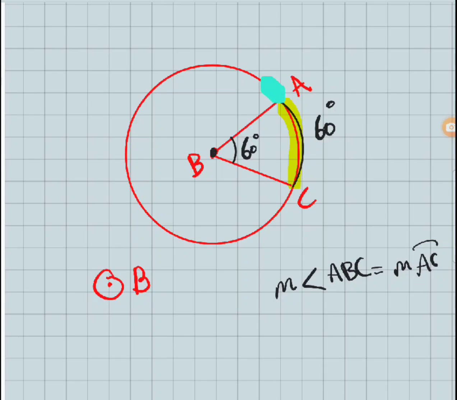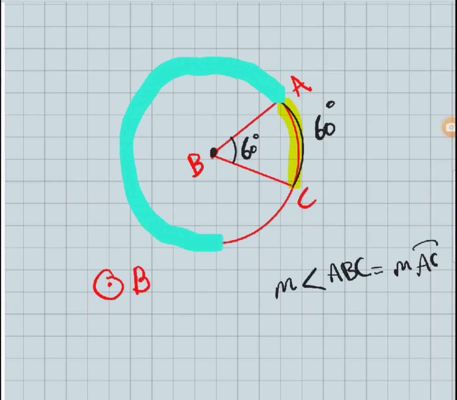A semicircle has an arc that is equal to 180. So let's say if we have some point X, which I'm going to put in red.